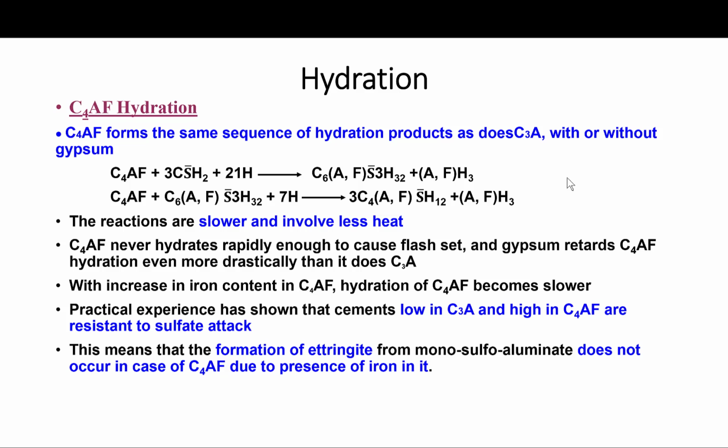Some of the theories have attributed this to the presence of iron in it. Or alternatively, another explanation is that the presence of the amorphous ferrite aluminate hydrate phase may in some way prevent the reaction described earlier, the formation of the ettringite.